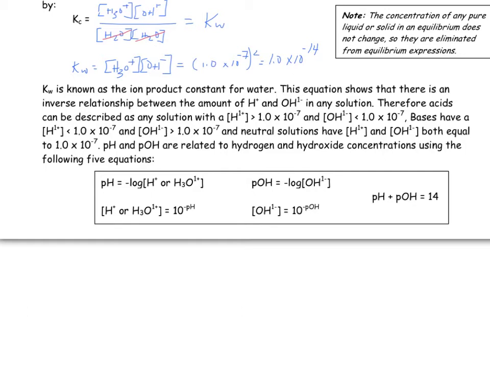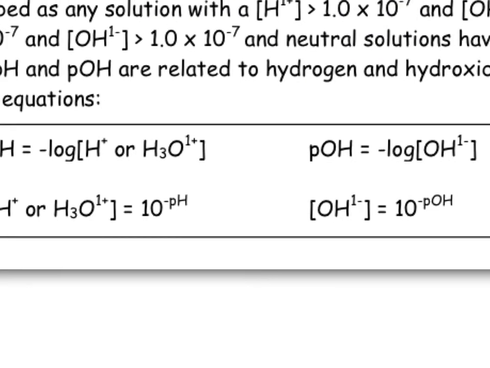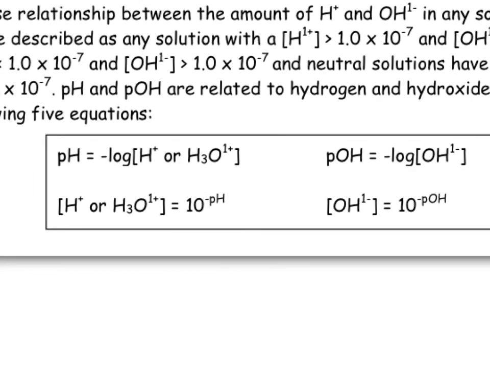The pH and the pOH scale are related to hydrogen and hydroxide concentrations using the following 5 equations. To calculate the pH of a solution, you take the negative log of the H plus or H3O plus concentration.